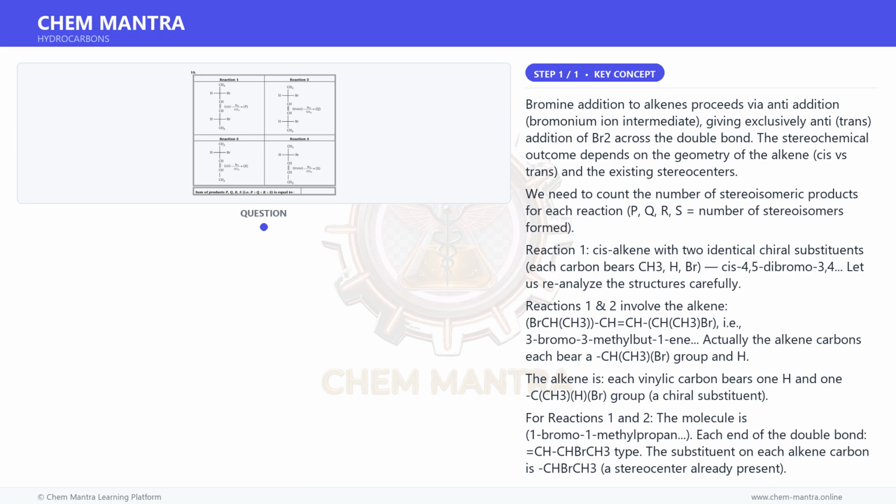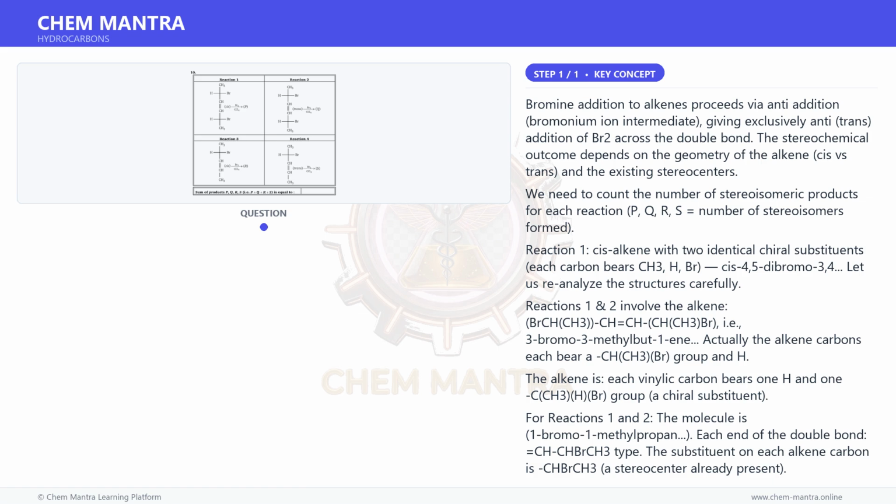Still not 8. Given the answer is 8, the most consistent assignment is P is equal to 2, Q is equal to 2, R is equal to 2, S is equal to 2, meaning all reactions give two stereoisomers each. This happens when the existing stereocenters in the starting material are considered as a racemic mixture, both enantiomers present, so each reaction doubles the count.